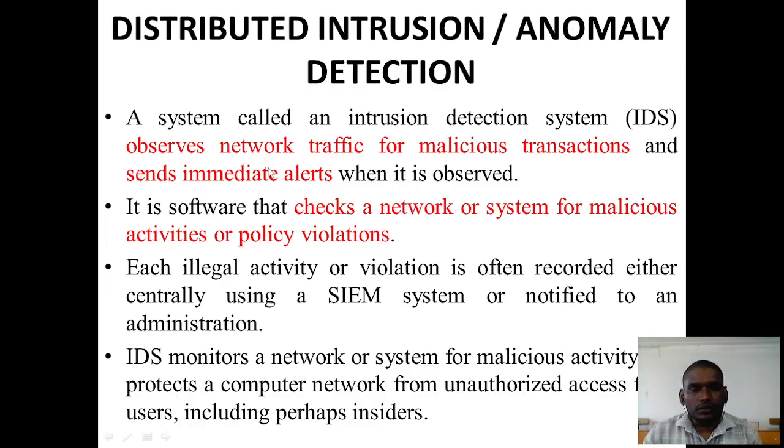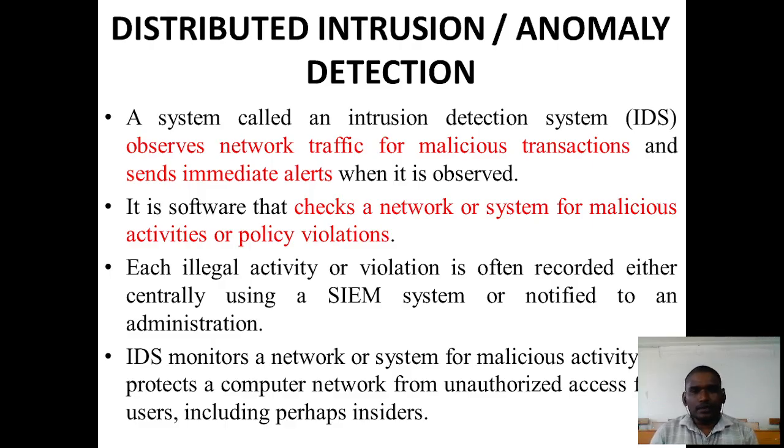Okay. So a system called an intrusion detection system observes network traffic for malicious transactions and sends an immediate alert when one is observed. That is nothing but a system used to identify any malicious transaction or any other problem that occurred in the network. It immediately sends an alert message to the administrator.